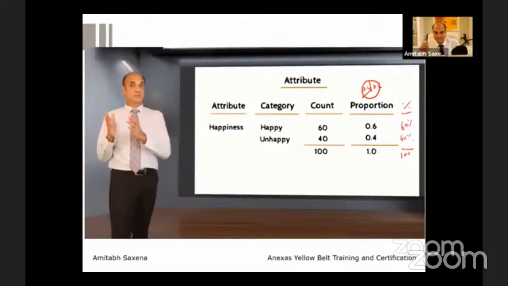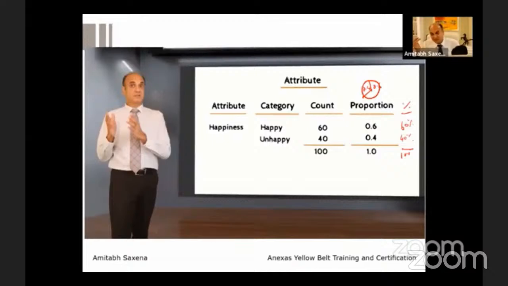Please understand that any percentage is actually attribute data. Percentage is giving you one category's contribution, so it's categorical data. 60% means 60 belongs to whatever you are talking about, and 40 belongs to something else. When we're talking about continuous data, 73.1 meters is 73.1 meters.